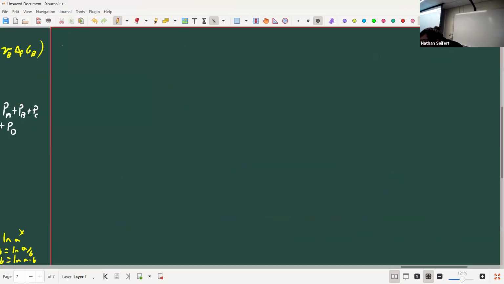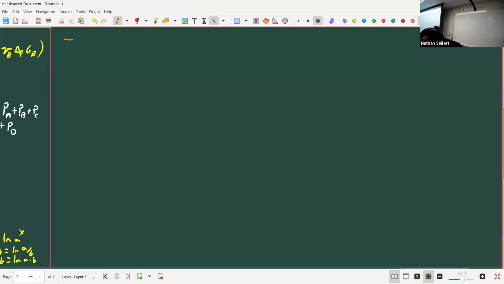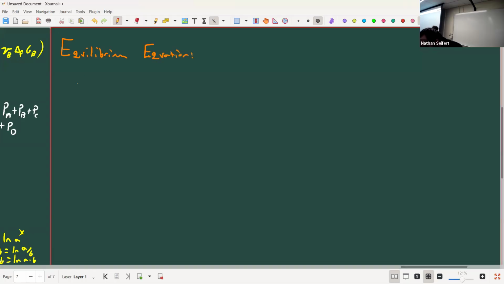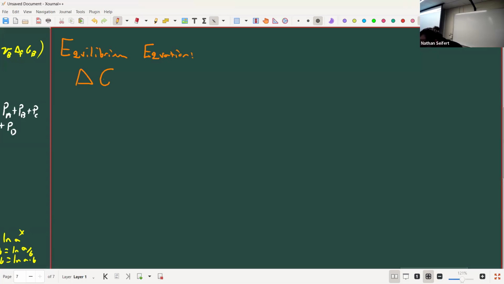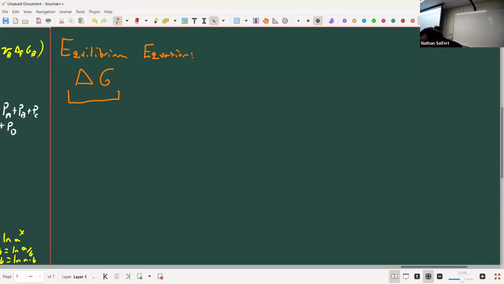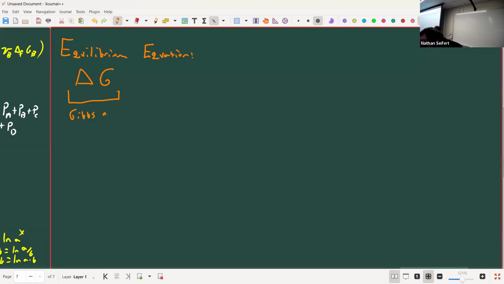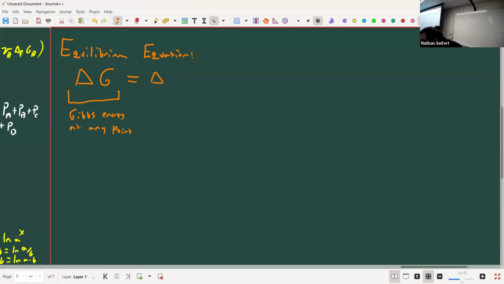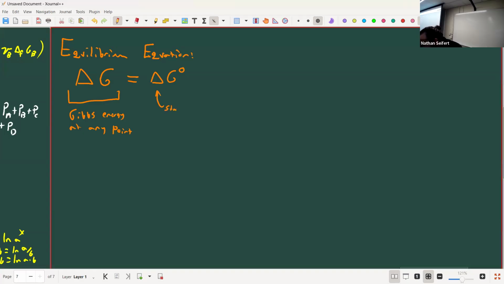Right, so we now have this equation that says, this is our equilibrium equation. Which says that delta G, which is the Gibbs energy at any condition, at any point, is equal to delta G naught. That's the standard Gibbs energy.